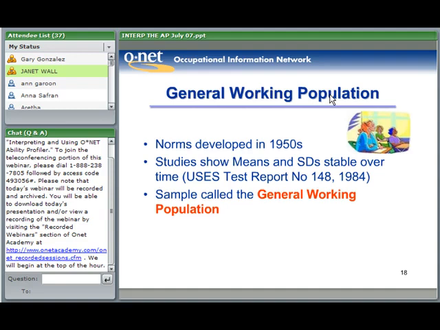And I don't believe that this is online. It is something that you might be able to find in your one-stop center or someone who has worked with the GATB. But the sample that was used is called the general working population.